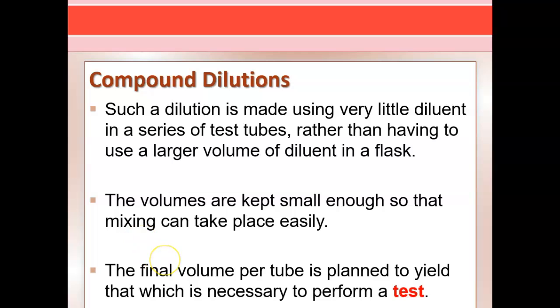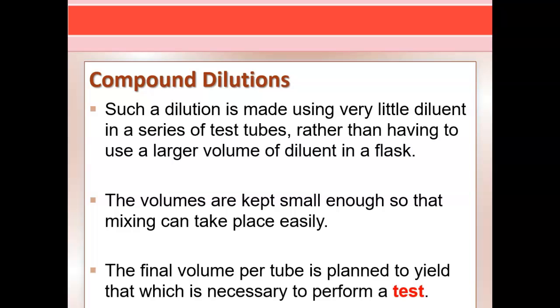However, the volumes are kept small enough so that mixing can take place, and the final volume per tube is planned to yield the volume that is necessary to perform a test. And what I mean by that is, on a lot of our analyzers in the lab, there is a minimum volume required of sample.